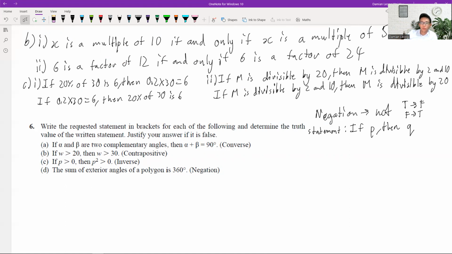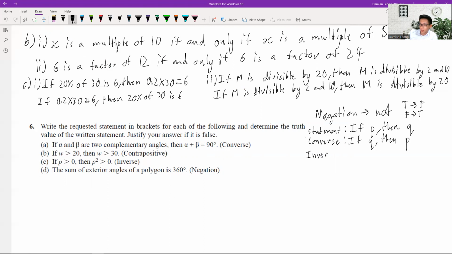So how would that work? So let's start with converse. Converse is basically when you switch the antecedent and consequent. So like the question before, the part C here, these two are the converse of each other. So it means converse of the statement here would be if Q, then P. Switch antecedent and consequent.